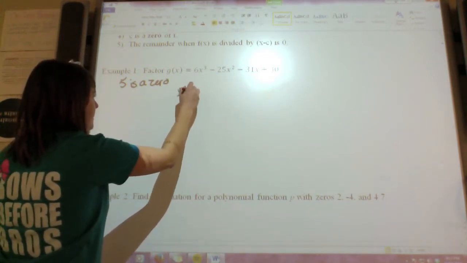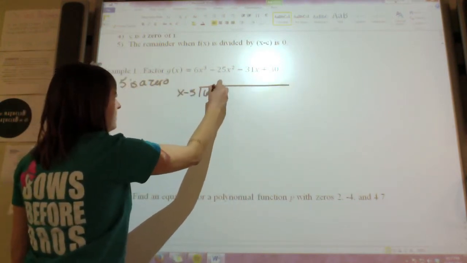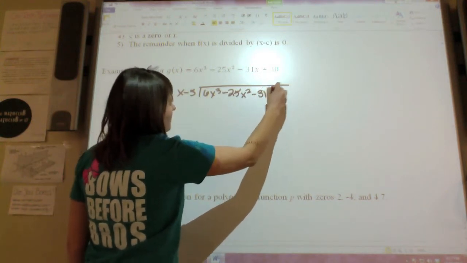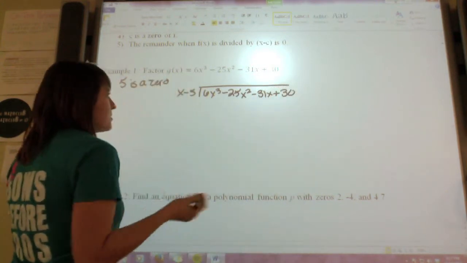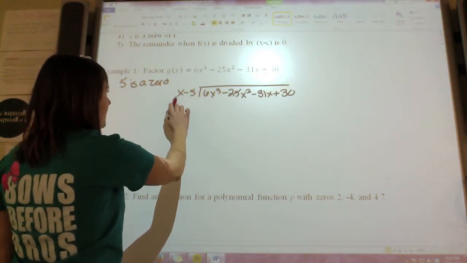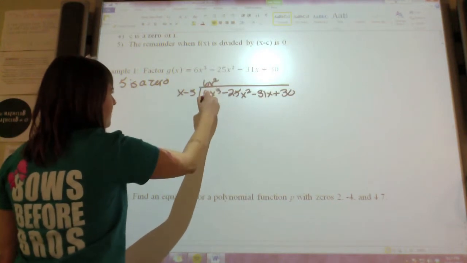I'm going to say x minus 5. I'm dividing this function by that. And I'm just going to do my division of polynomials here. So I take, what do I need to multiply this number by to get this number? It's going to be 6x squared.